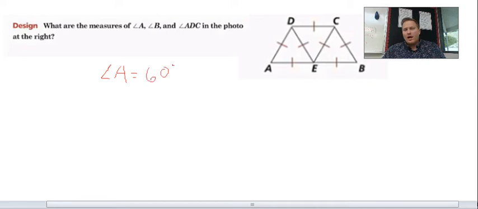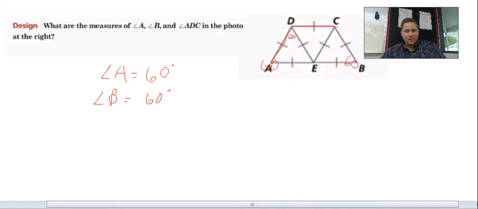So that's 60 degrees. I have this one right here is also going to be 60 degrees, so angle B is going to be 60 degrees. And then my last one, I'm looking at this one, it says ADC. So if I look at this one, I know that this angle right here, because it's equiangular, is going to be 60 degrees.